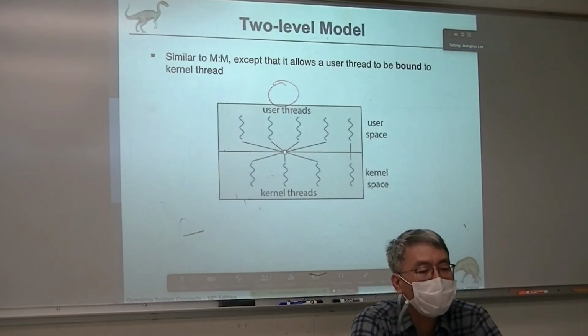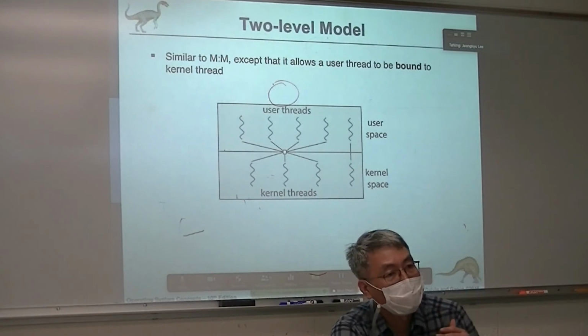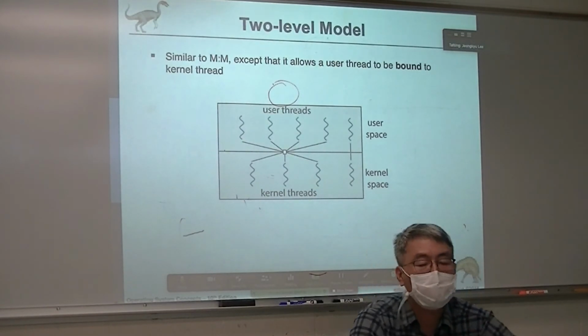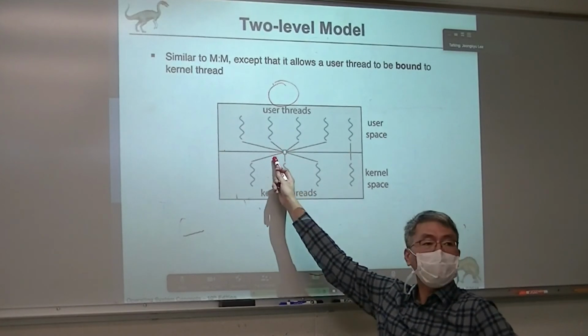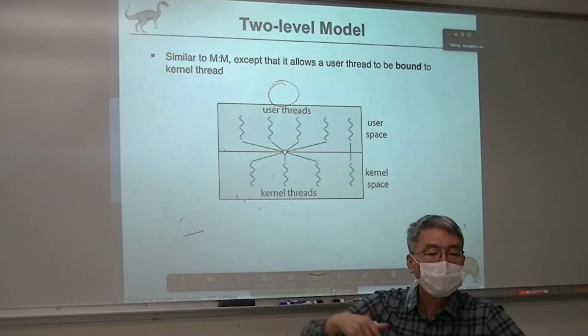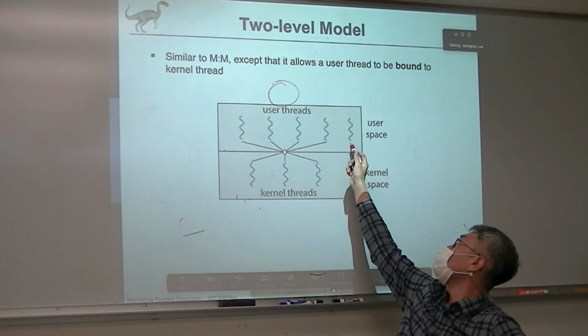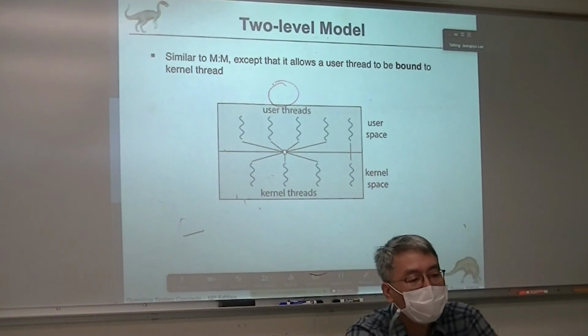Nowadays most systems are two-level: many-to-many, also one-to-one. Because of the scheduling overhead, we are going to use both of them, and depending on the user process type, it can be one-to-one. Otherwise, it can be many-to-many.